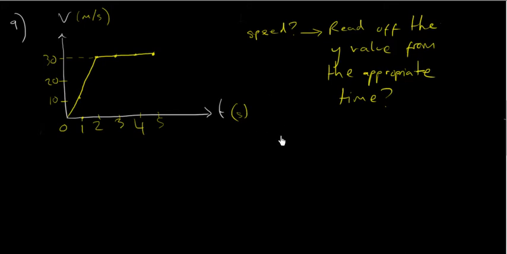The distance in a velocity time graph is well, let's have a quick look at this, just so you see why. Imagine that there's a line here dropping down, just so we can see this properly. What's the formula for distance?